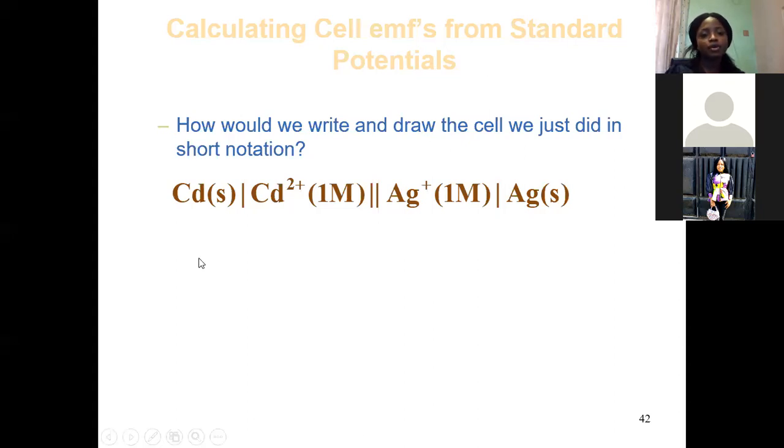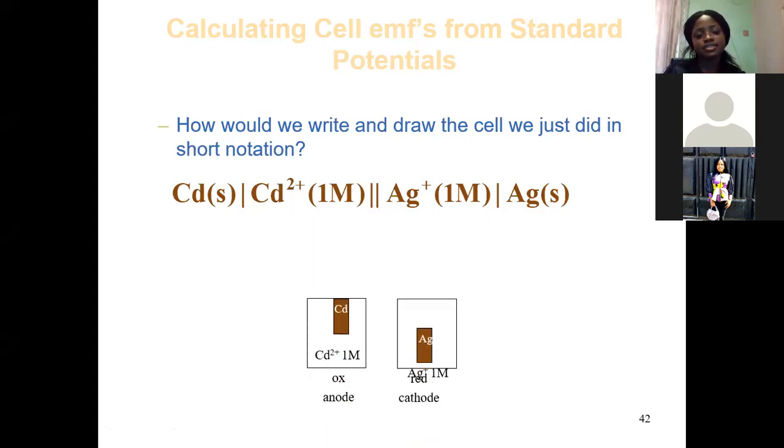So you have your cadmium, oxidized to cadmium 2+. You have your salt bridge, which is shown with a double slash, and then your silver in its oxidized form being reduced to silver. And because they are in different phase, you have a single slash separating it. And here is the diagram.